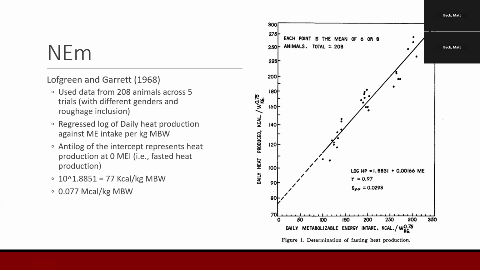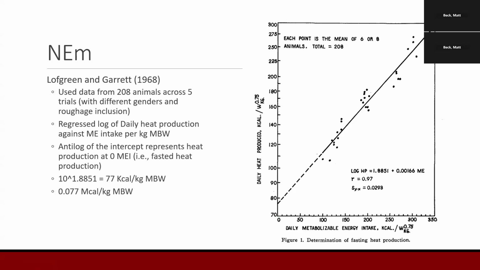Fasting heat production is net energy for maintenance. Importantly, they did log heat production versus ME intake, took the anti-log of the intercept, and arrived at 77 kcals per kilogram of metabolic body weight. Do you remember that number from feeds?